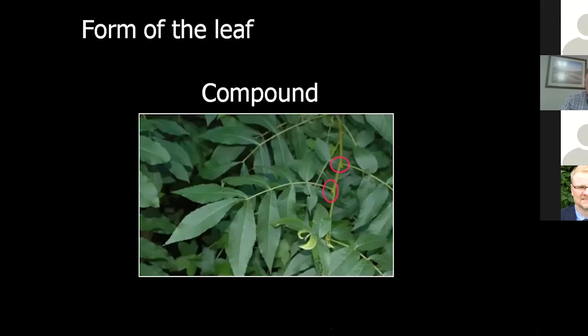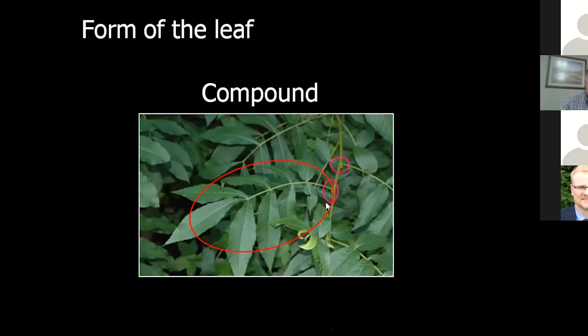Now what we're going to do is go to the other form, and that is compound. Now, where the red circles are is where the buds are. So what I did is I went and found that bud, and here's this long, what we call the rachis. And on this rachis, we have multiple little leaves, all right?